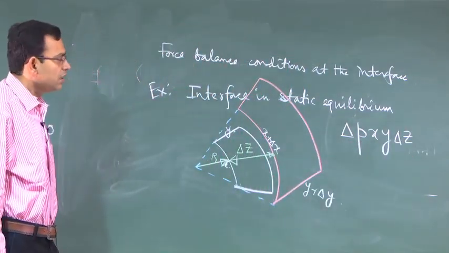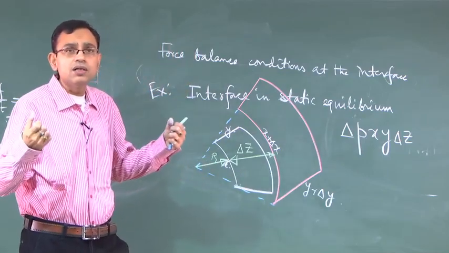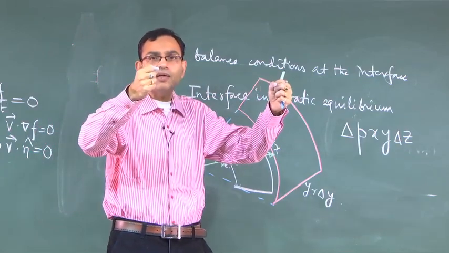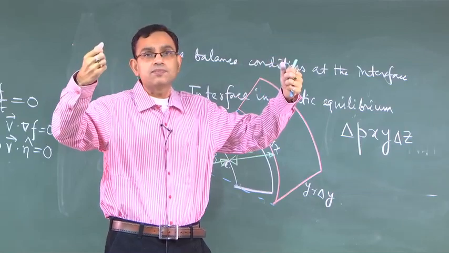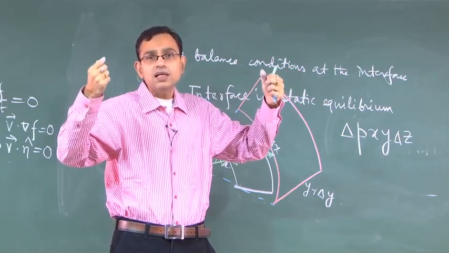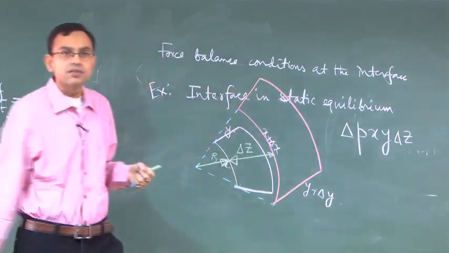So, how does this interface do this work? There is a pressure difference across the interface, still the membrane stretches. That means it must have sufficient energy so that it uses that energy to do the work in presence of the pressure difference.